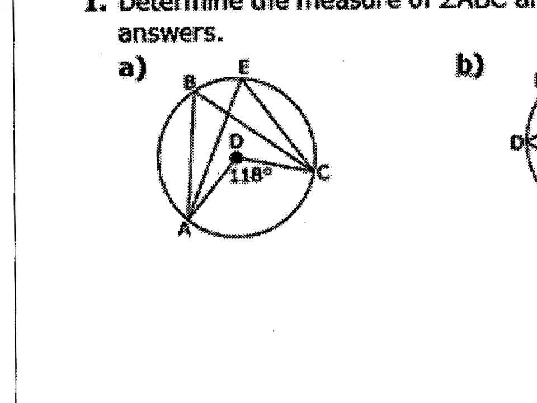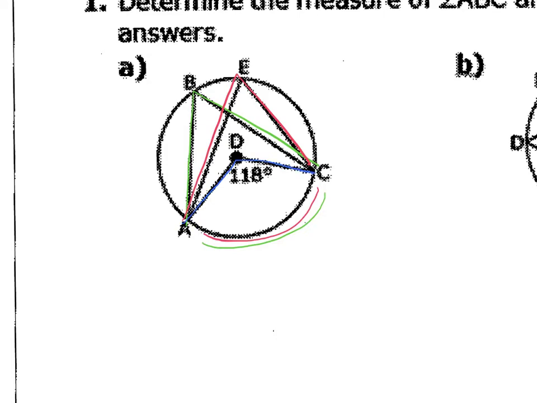For A, you need to find the angles at A, B, C, and the angles at A, E, C. They're both along this arc right here. The angle you're given is a central angle of 118.